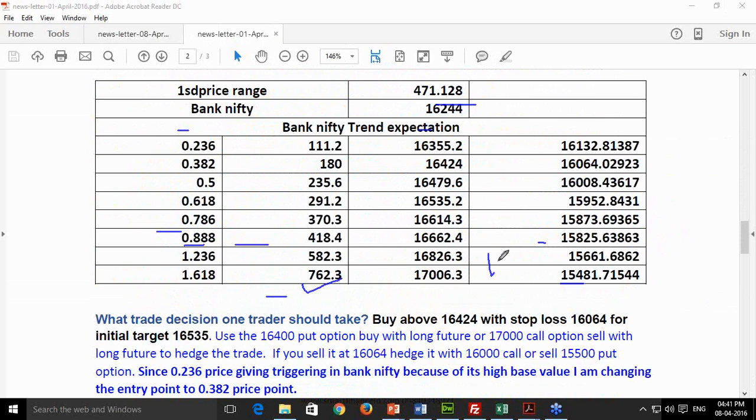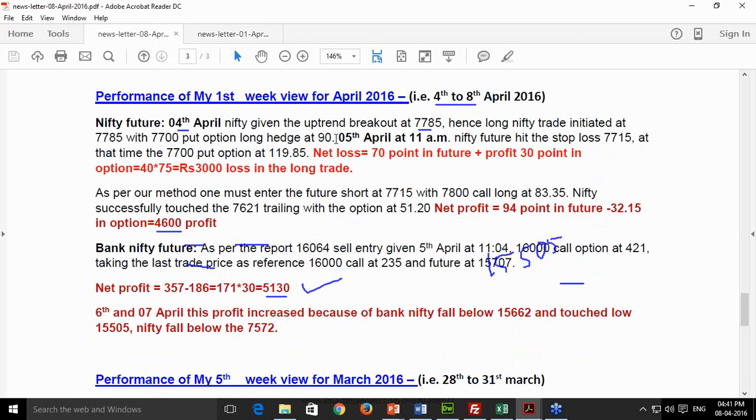However, we have achieved up to 15,505. So we missed a couple of points from the last target, however we achieved the 1.236 target. With reference to the 5th April closing, Bank Nifty was at a 5,130 profit, and Nifty, after factoring in the losses of 3,000, was at 1,600 profit.